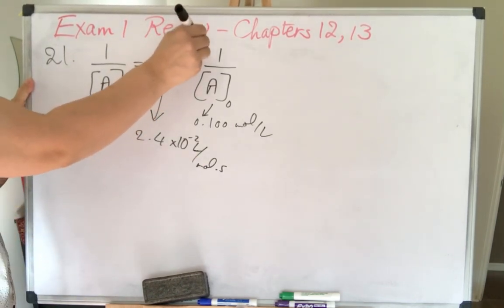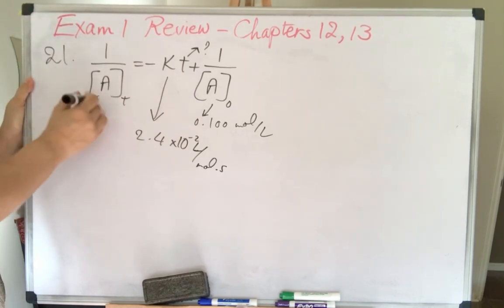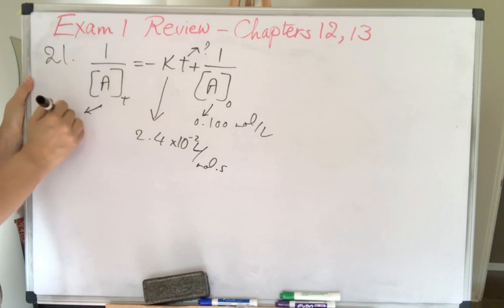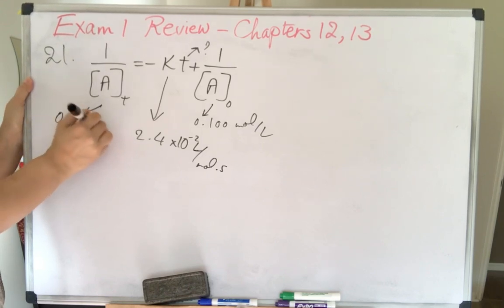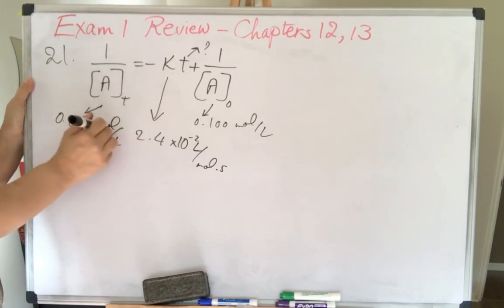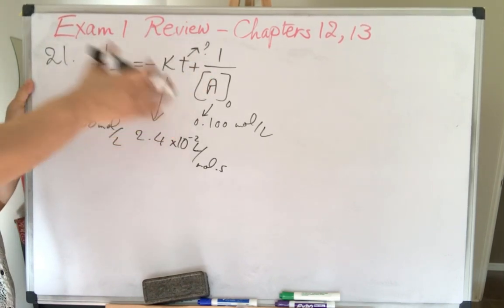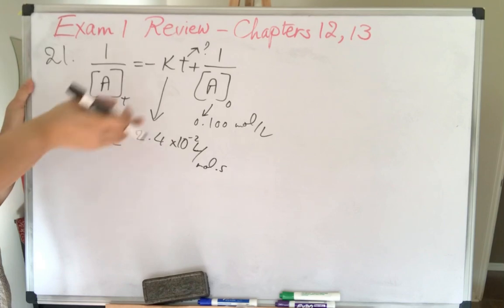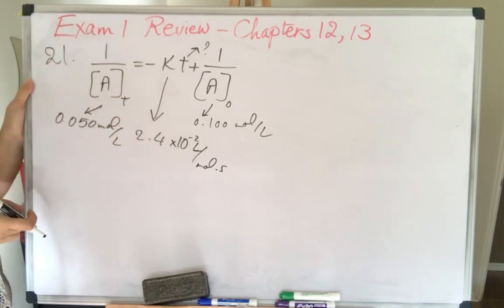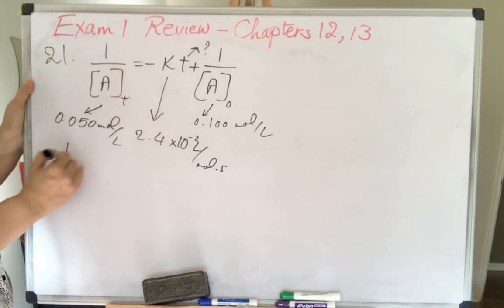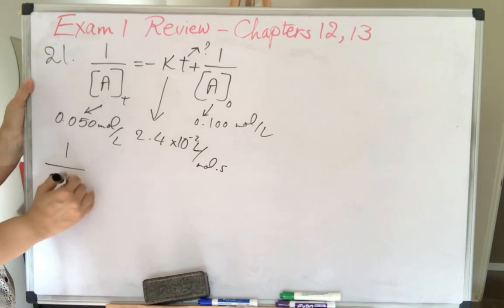We're solving for time required to decrease the initial concentration to 0.050 mole per liter. So the key to solve this problem is to organize your data to know which one is A0, which one is AT. And you just plug them in. That's all you basically need to do.